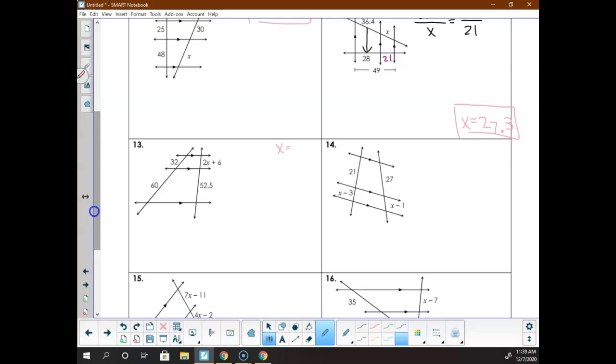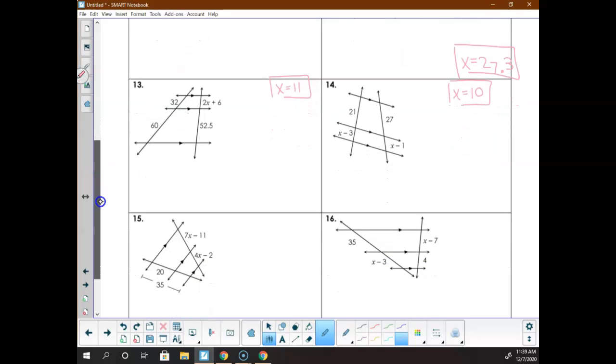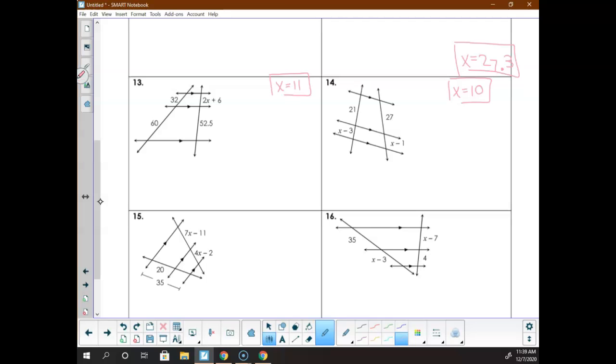All right, this one is x equals 11. This one is x equals 10. This one is x equals 5. But let's do 16 because that is a factoring one, okay?